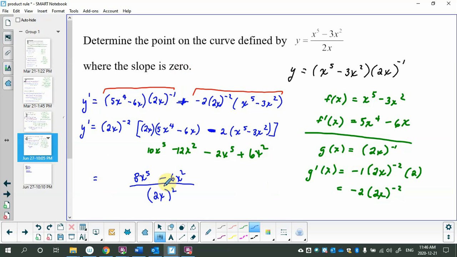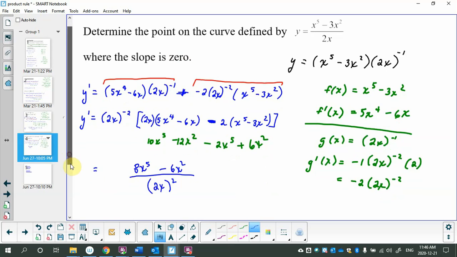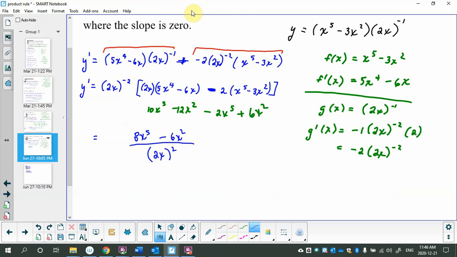So if this is the slope, messy, messy slope, and 0 is the slope, what I can do is I can actually take (8x to the 5 minus 6x to the 2) over (2x) squared, and I can equal it to the slope, which is 0. Better, 0 over 1, so that I can cross multiply.